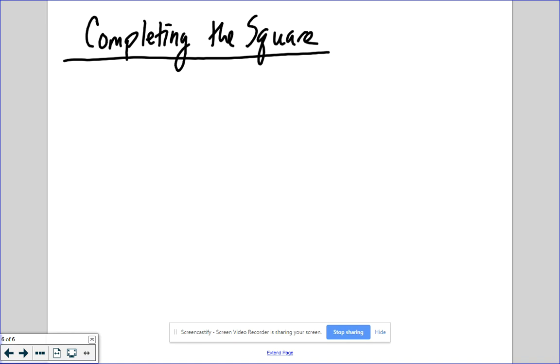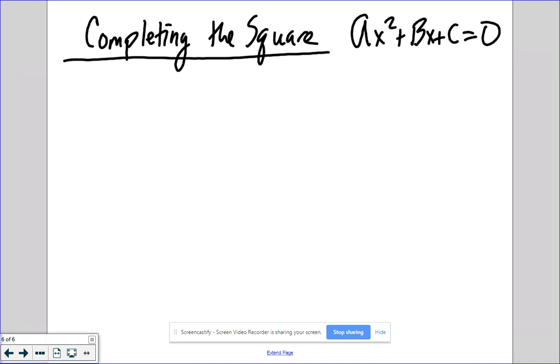All right, first rule with completing the square: it again has to be in this form. We call that general form of a quadratic. It has to be in general form. If it's not in general form, you're in trouble. You have to put it in general form before you try to use any of these three methods.